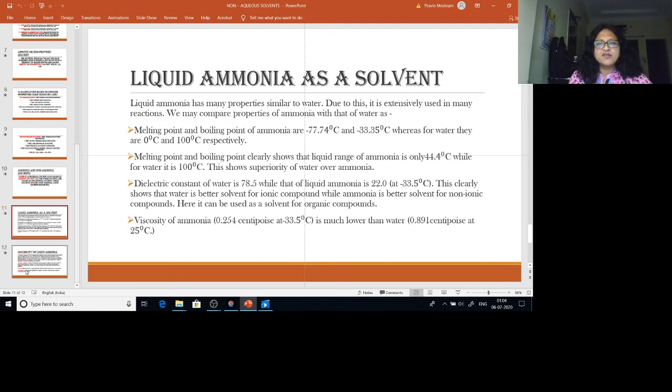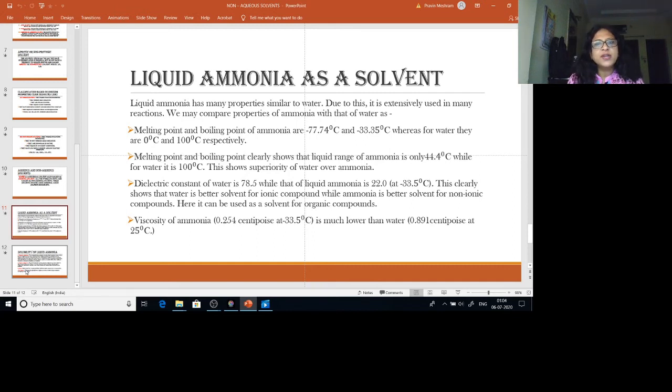Liquid ammonia as a solvent. Let us see some properties of liquid ammonia. Liquid ammonia has many properties similar to water. Due to this, it is extensively used in many reactions. We may compare the properties of ammonia with those of water.